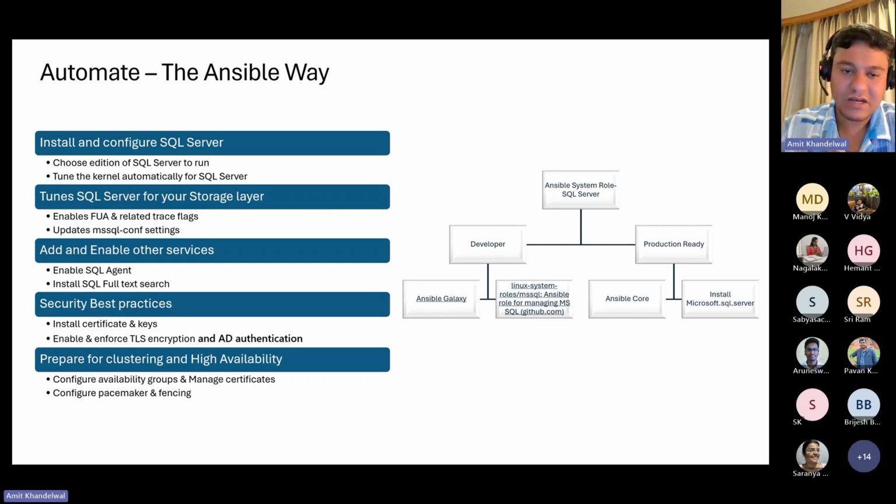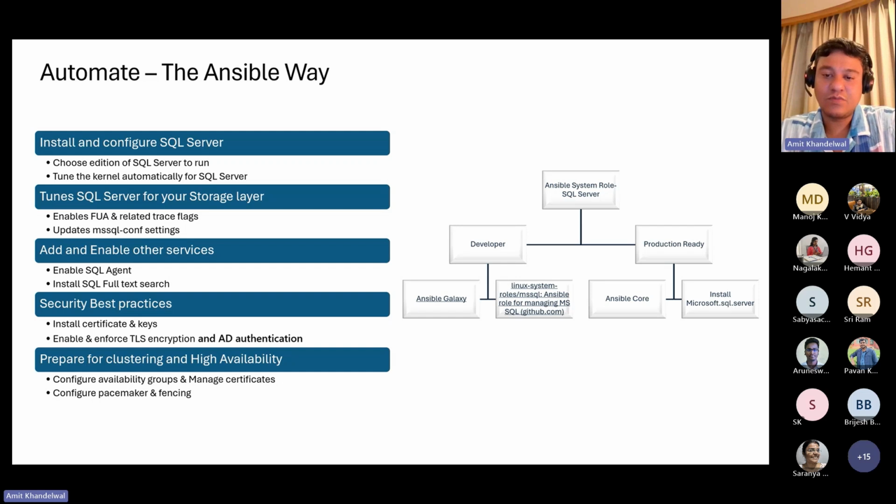It enables a tuned setting, so that it is the best environment for your database throughput. It also enables other services. I want to enable full text search. I want to run agent. I want to also run ML languages. All of that you can enable. TLS 1.2 enabling or disabling is something that you can do. And of course, you can add clustering stack to all of it.